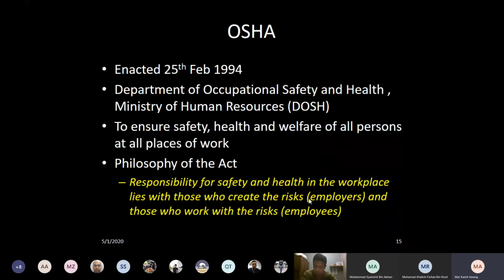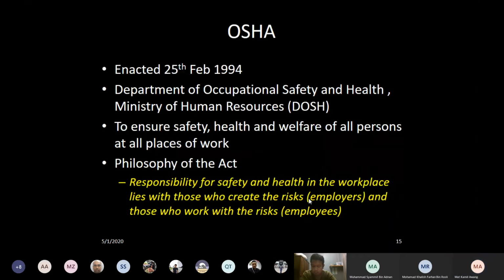So basically the responsibility for safety and health is the responsibility of all, not just the employer or just the employees, but both employers and employees. You as an engineer, most of the time, are an employee.